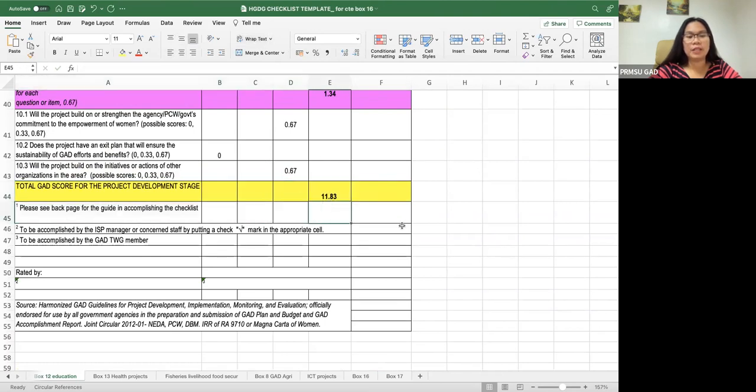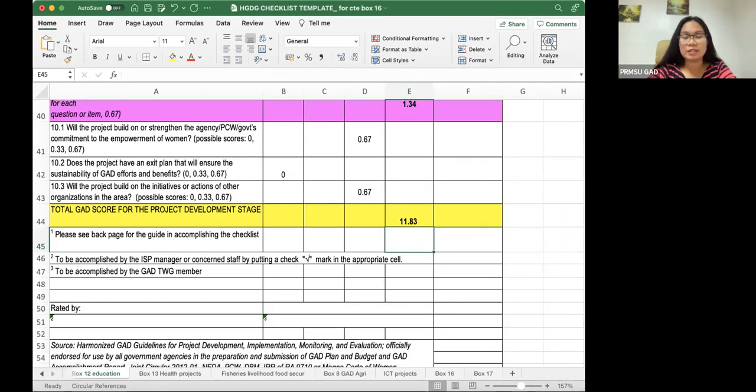The sum of the score is 11.83. So what is its category? Is it gender responsive or gender sensitive? Take note, the score is 11.83. So let's go back to the interpretation. So our Hagadaga score is 11, so it's a gender-sensitive program.